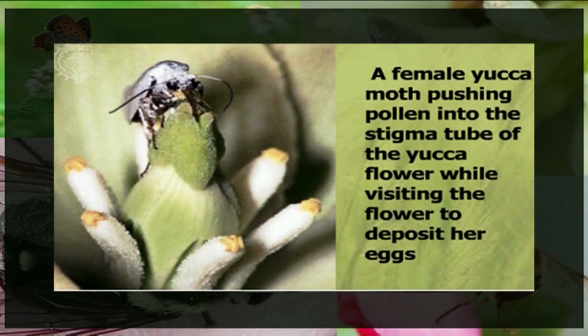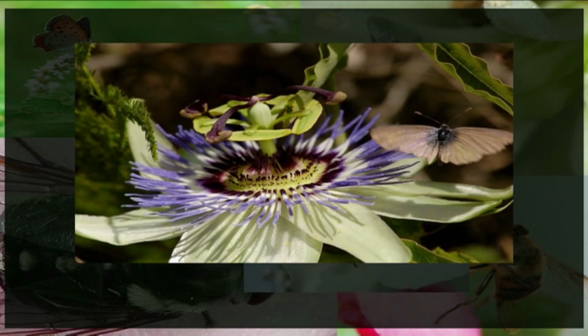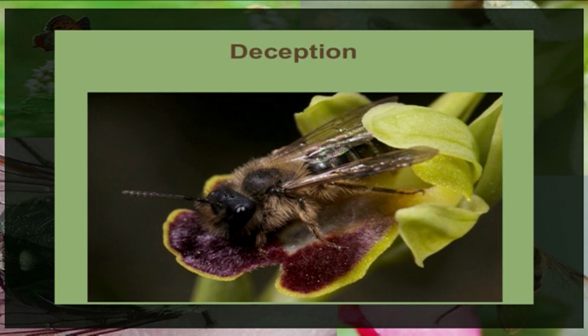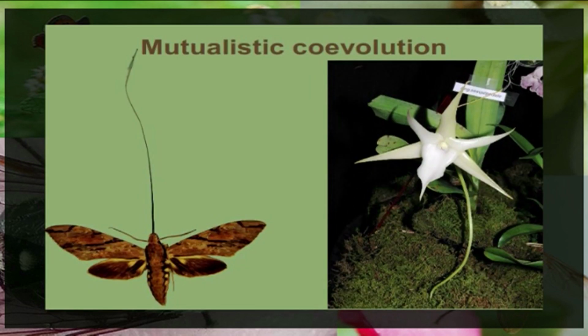Some of the common reasons for the relationship between plants and their pollinators are dependence, as in yucca and yucca moth; floral sonication, as in gentian and carpenter bees; benefit to flowers, as in defense against herbivory, as in passion flower and butterfly; benefit to flower, as in mimicry and fakery like orchids and bee; and mutualistic relationship between moth and orchid or fly and flower.